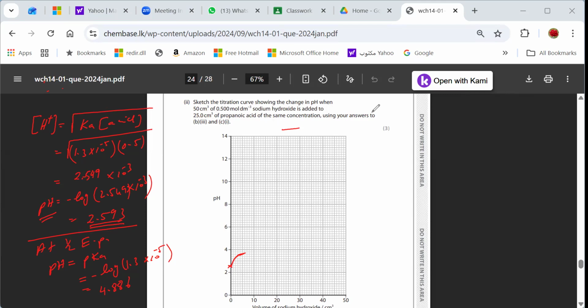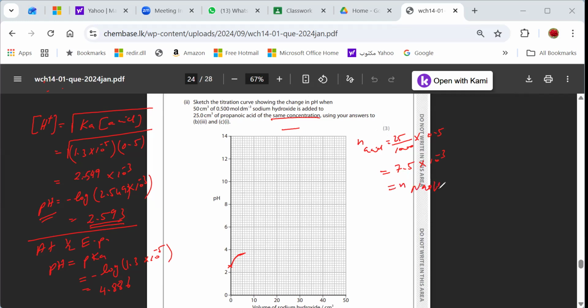So we know the concentration of the acid. They said 25 centimeter cube of propanoic acid of the same concentration. So the number of moles of the acid is equal to 25 over 1,000 times the concentration, which is 0.5, which means that we have 7.5 times 10 to the power minus 3. This is the number of moles of the acid, and it's the same as the number of moles of sodium hydroxide.